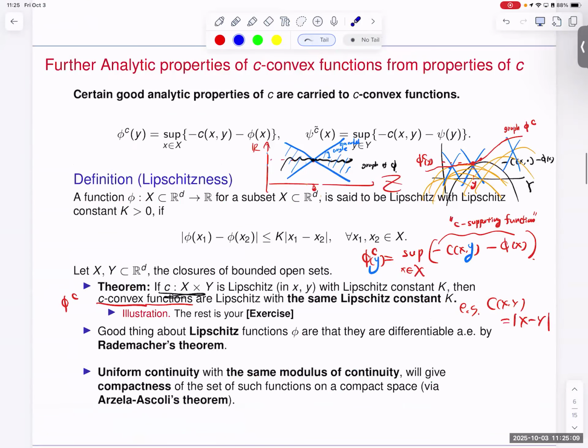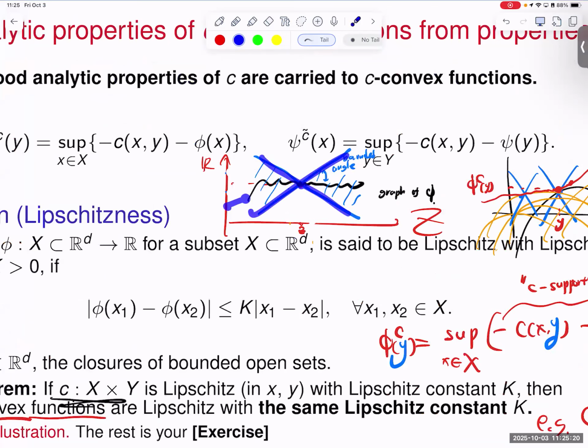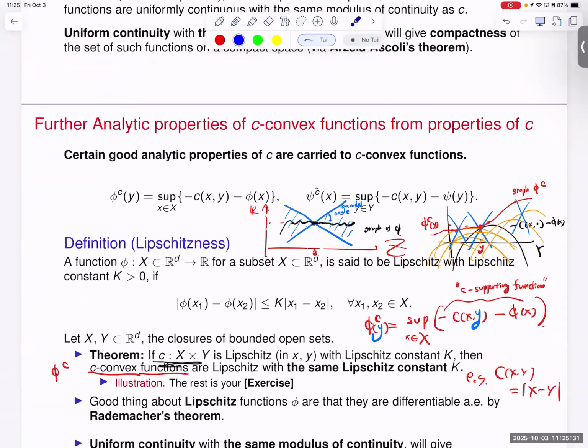And this Lipschitzness is somehow related to differentiation. Okay. So if you take this angle, for example, it will give you the bound on the derivative of that function at that point. So it is related to differentiation. So this is like a first order condition.